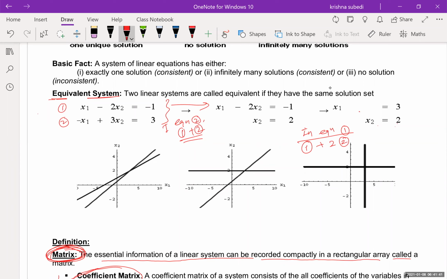That's what I did. Does that make sense? Because I want to cancel this part. So how do I cancel? I multiply this by 2, so that I will be able to cancel in equation 1. So equation 2 remains the same. Equation 1, that's what I did. Whenever we do this process, it is called a row operation.